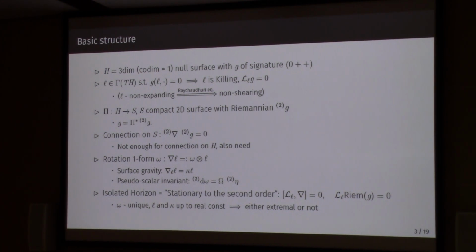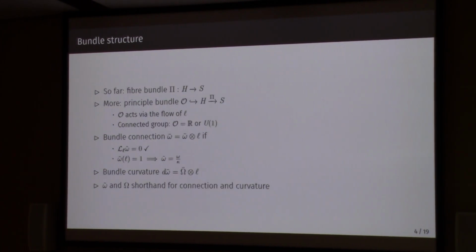Okay, so so far we could see that the horizon has a fiber structure over the base space S, but you can show that it's even more. You can show that the action generated by the flow of this Killing vector field acts freely and transitively. So it's really a principal bundle.